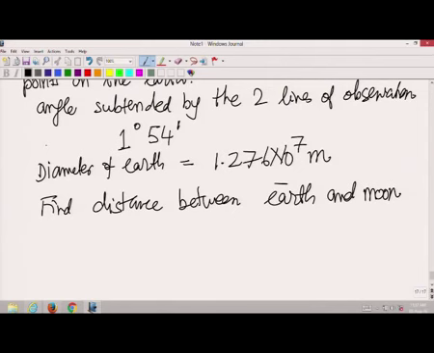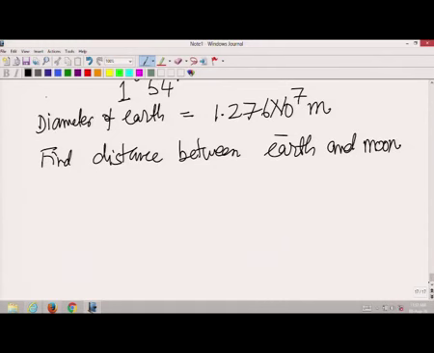So, here what we will do is draw: if this is the earth, we have observatory A here, observatory B here, and this is the location of moon.